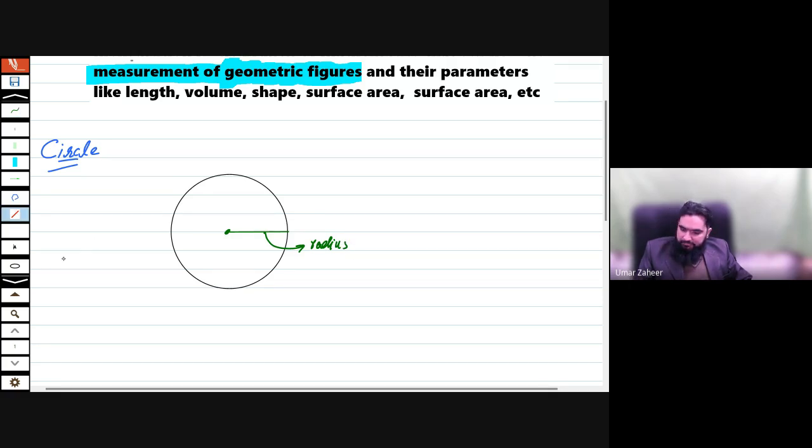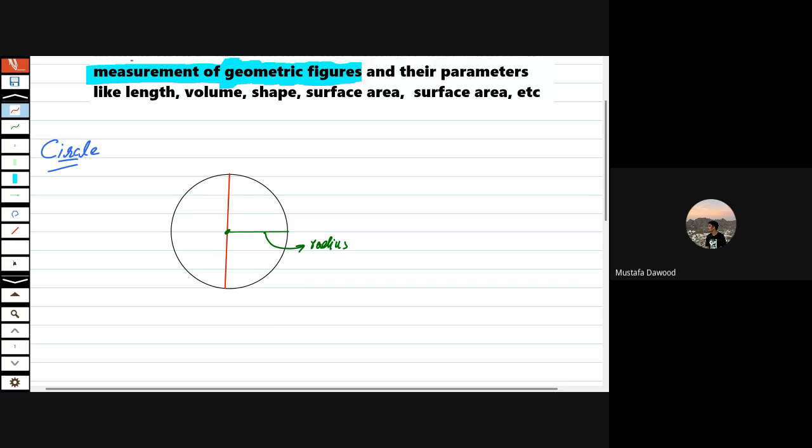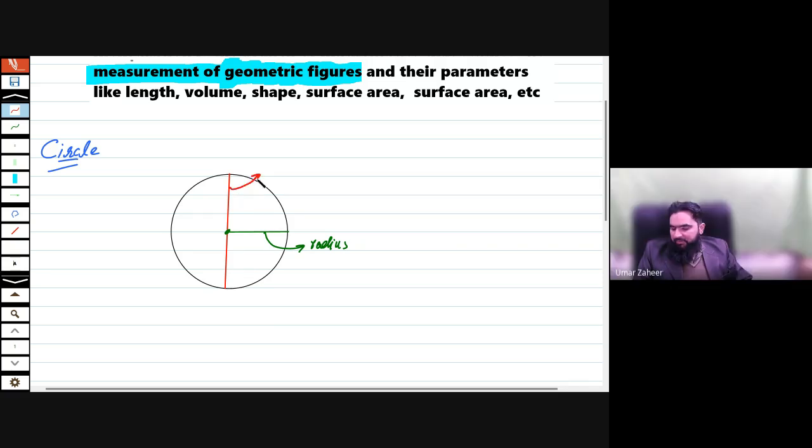Yes, Mustafa. Can you please tell me about this line? What is the name of this one? The diameter. A line that starts from the circumference and ends at the circumference, but passes through the center, is known as the diameter. Yes, Muslim.